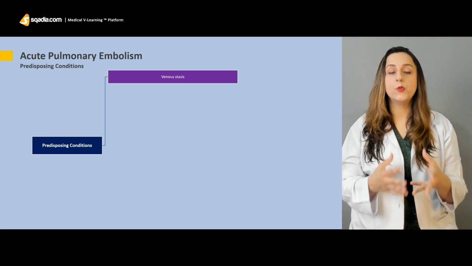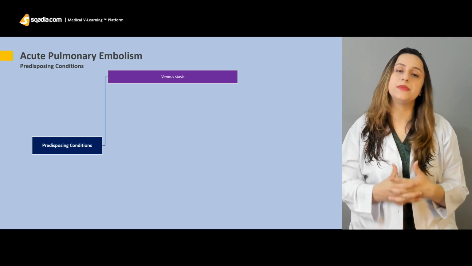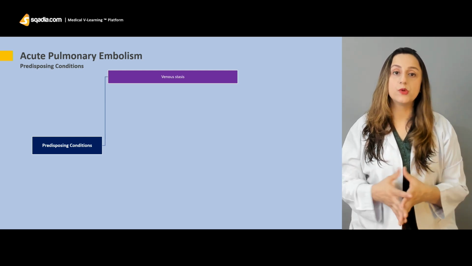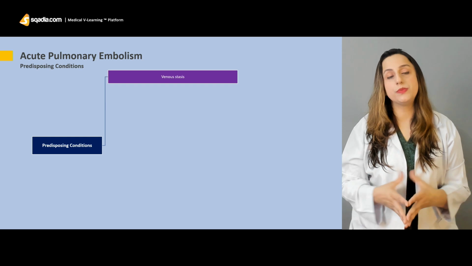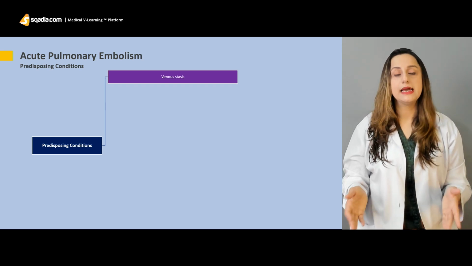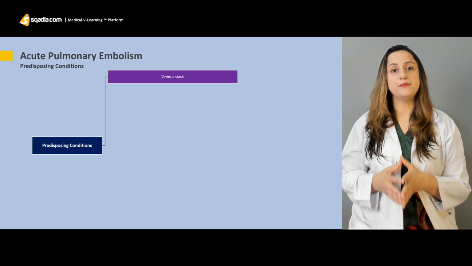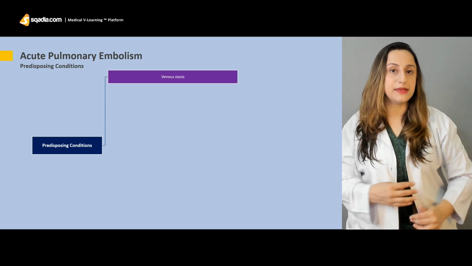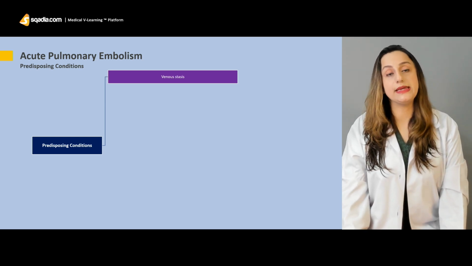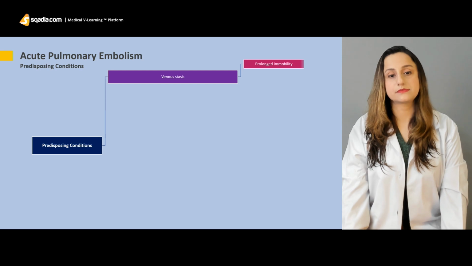So over here, venous stasis is one of the major factors that we already discussed. Whenever there would be stasis or pooling of the blood in the peripheral circulation due to any reason, that would be one of the major events that can lead to the complication of pulmonary embolism in these patients.